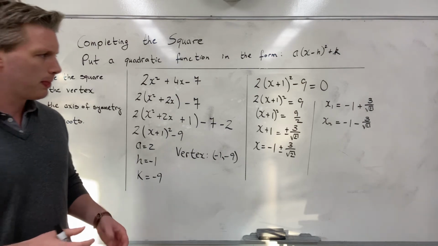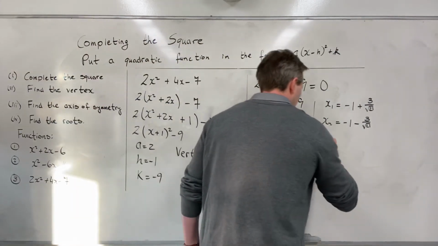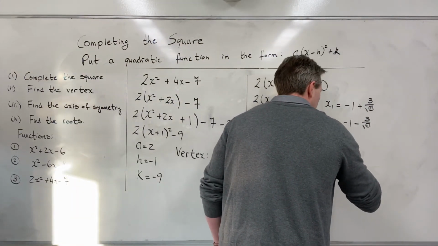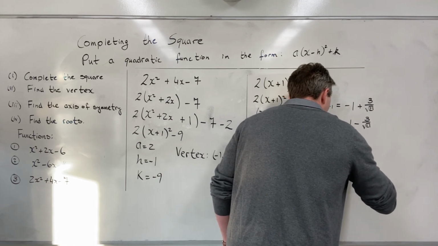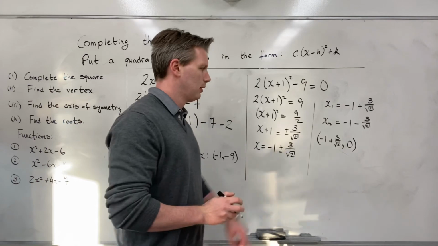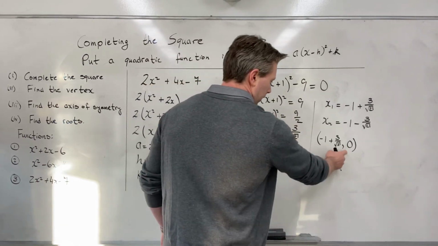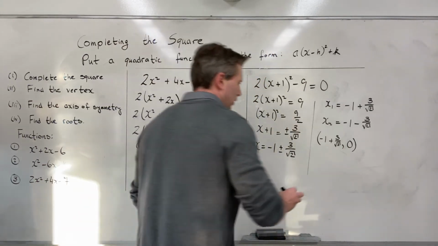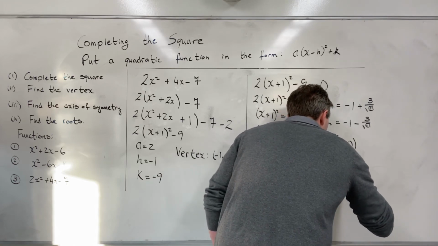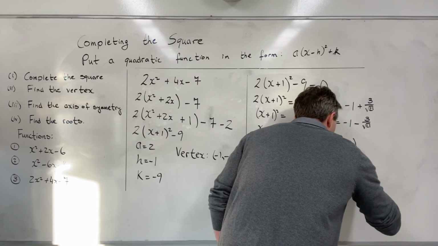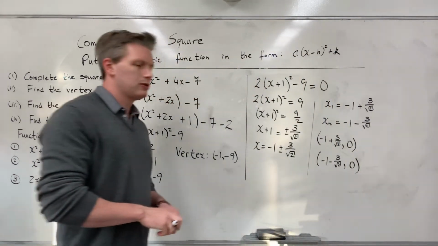So as an ordered pair, it would be minus 1 plus 3 over root 2, comma 0. That would be one coordinate. And the other one is minus 1 minus 3 over root 2, comma 0. Those are my two values.